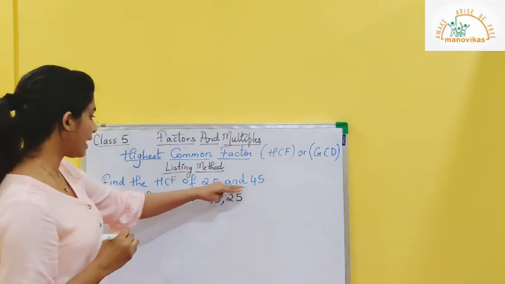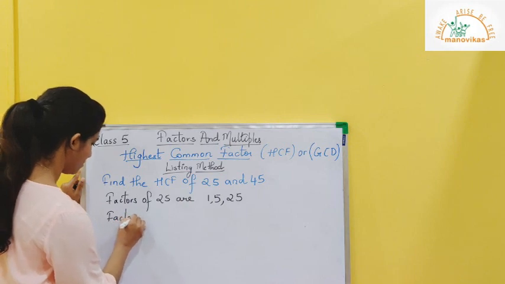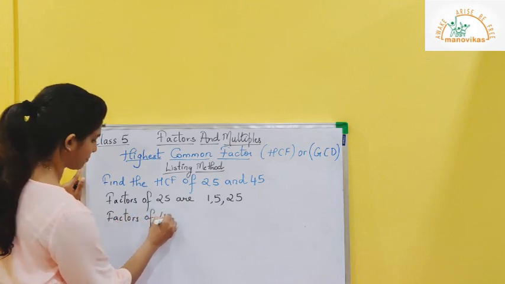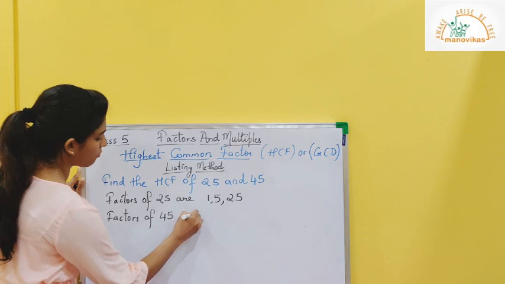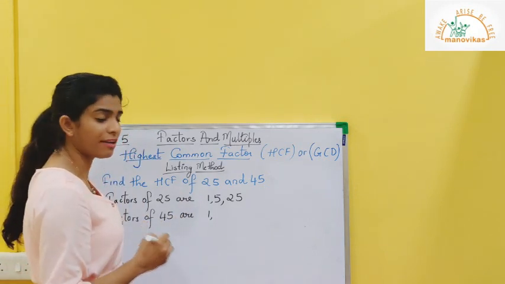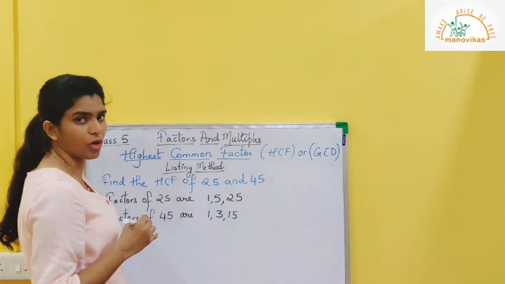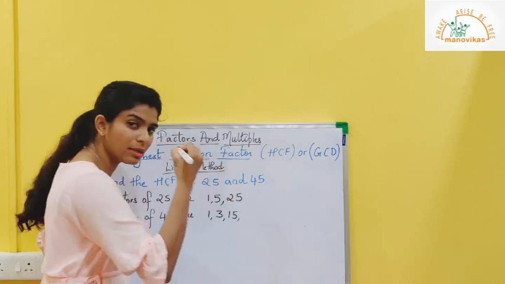Okay. Now I will write the factors of 45. Factors of 45. So 1 45 is 45. 3 15 is 45. Any other number?